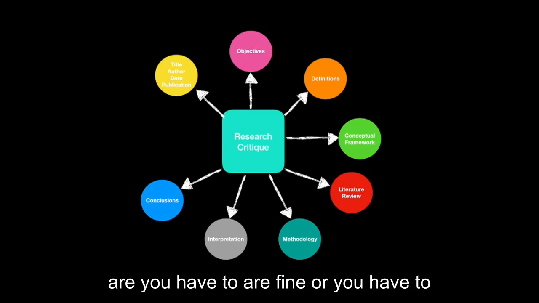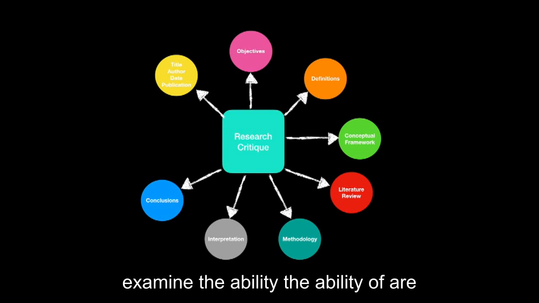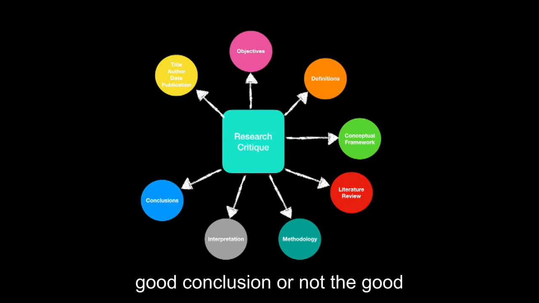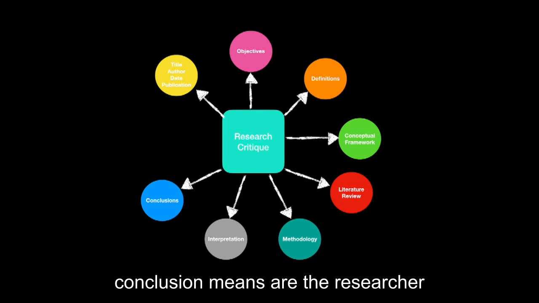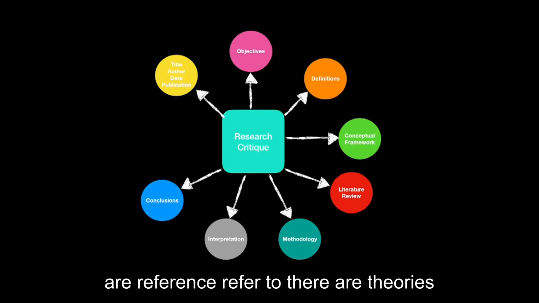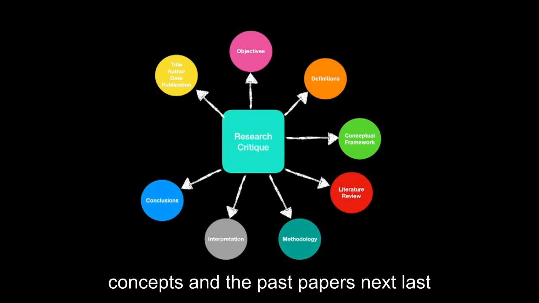In the conclusions, you have to examine the ability of the researcher, whether he or she can make a good conclusion or not. A good conclusion means the researcher can write their findings and refer to their theories, concepts, and past papers.